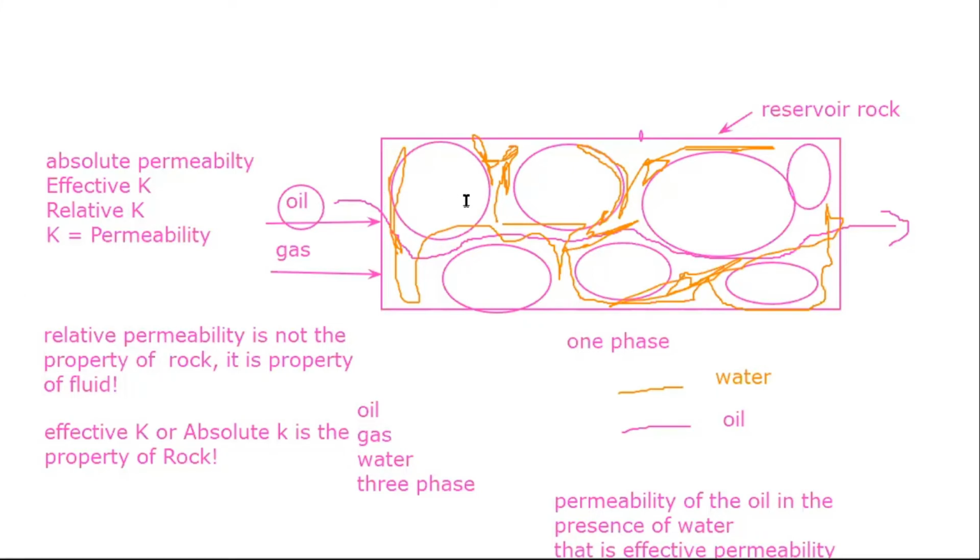This is one phase. Or when the oil declines, for example, you produce for 10 years, then this oil probably does not have that good a relative permeability and it may not go up. But on the other side, the effective and absolute permeability do not change. Only relative permeability changes, depending upon the saturation.